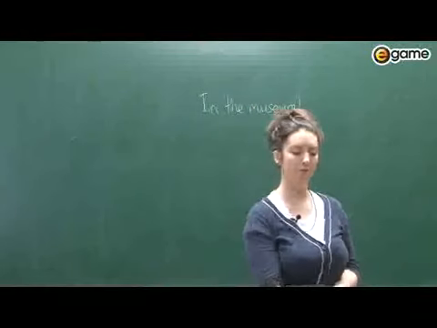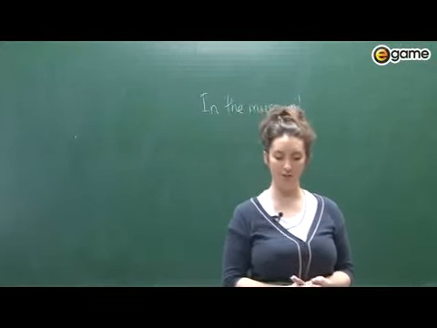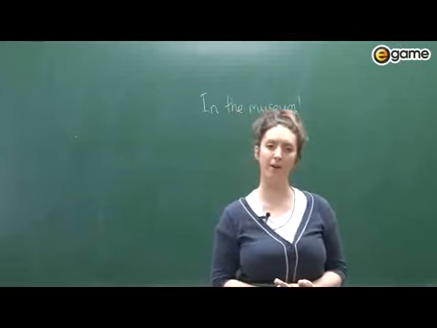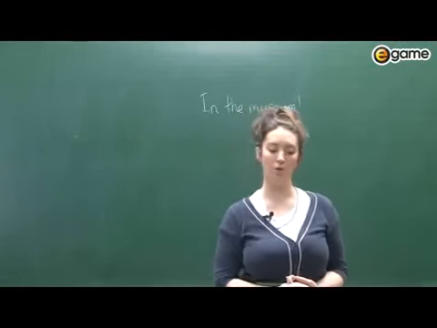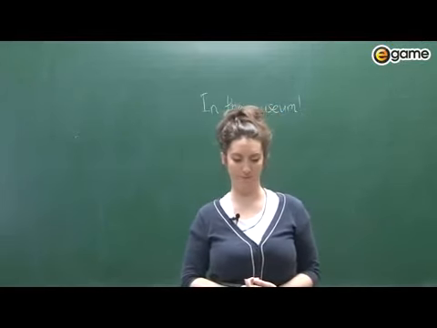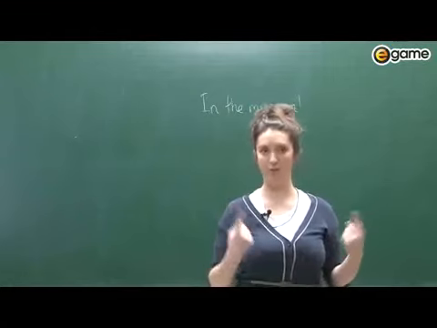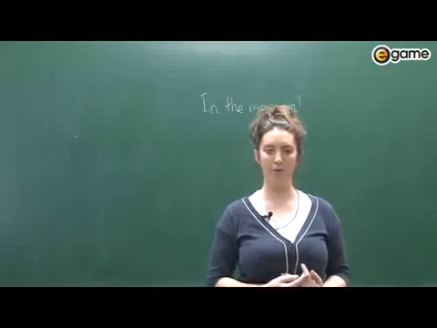Okay, so for singular we use was or wasn't. For plural, if we're talking about more than one of something, we use were or weren't. So, a park, just one. There was a park. A shopping mall, just one.